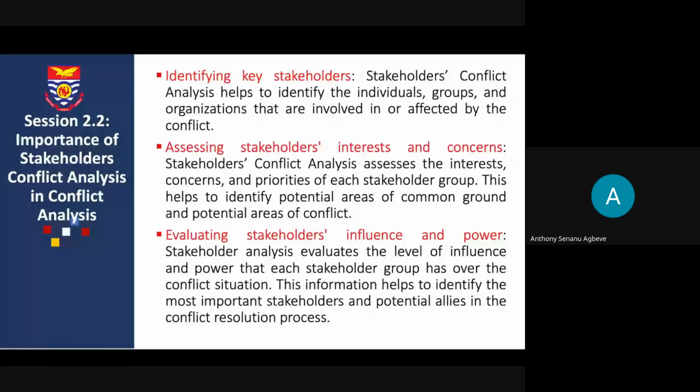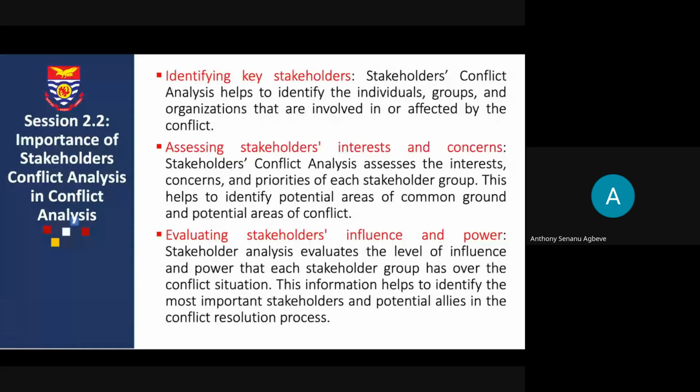And then also it's good for assessing stakeholders' interests and concerns, right? Because with these two, you're able to identify what their interests are, what their concerns are, so that you'll be able to identify potential areas of common ground and potential areas of conflict.